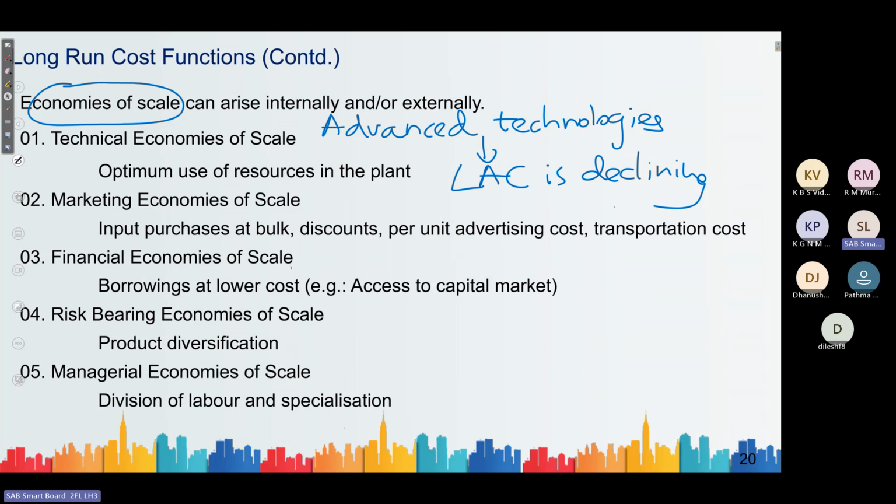Marketing economies of scale. When purchasing bulk quantities, what can the firm get? Quantity discounts. Because of quantity discounts when purchasing bulk quantities of inputs and other resources, long run average cost will be declining.